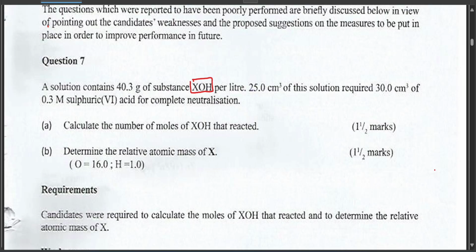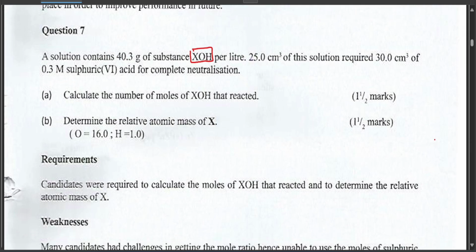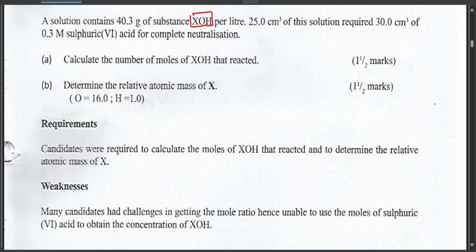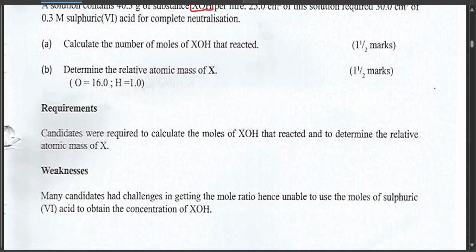It's because they didn't know which mole ratio to use for the XOH. Once you get to know the mole ratio, that's when it becomes easy to find the number of moles of XOH that reacted. So they failed in this question miserably. Many candidates had challenges in getting the mole ratio.